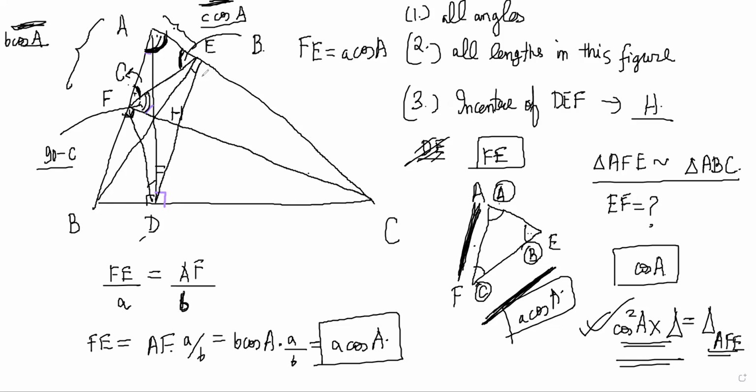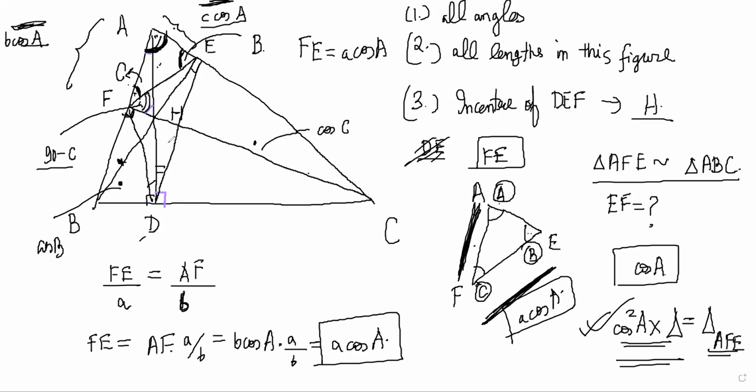The ratio of similarity here is cos A, here it would be cos B, and here it would be cos C. So the area of all of these triangles will be cos square A into delta, cos square B into delta, and cos square C into delta.